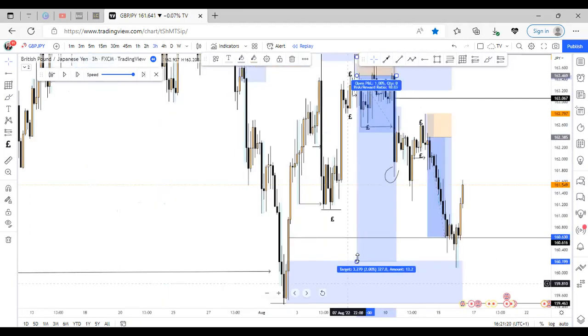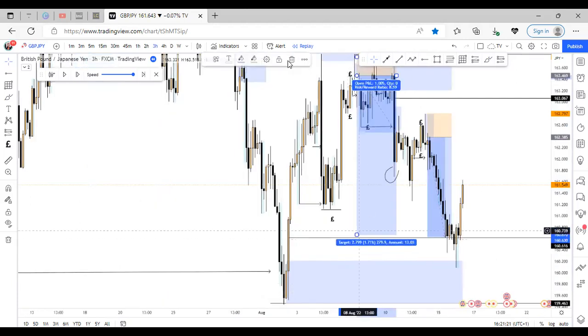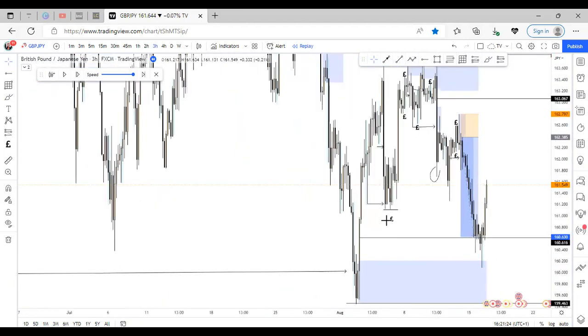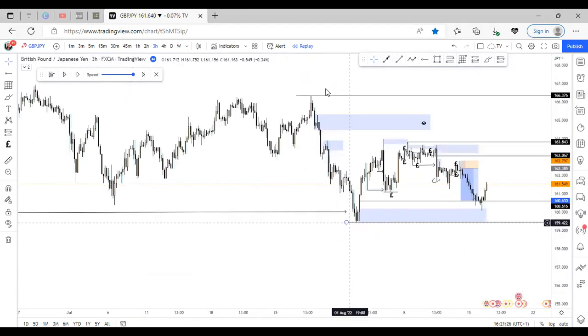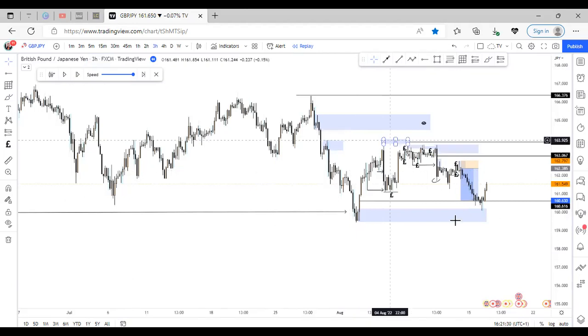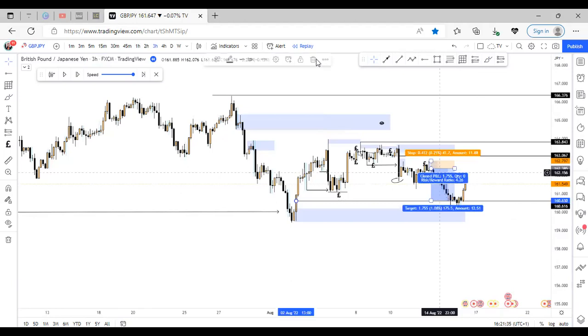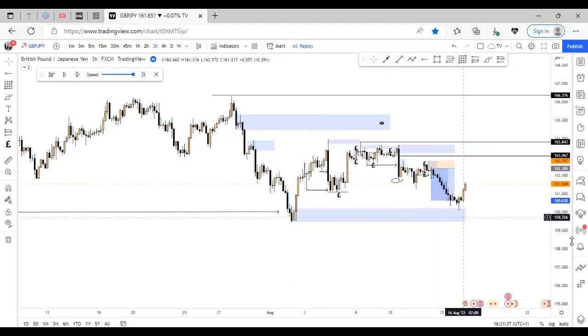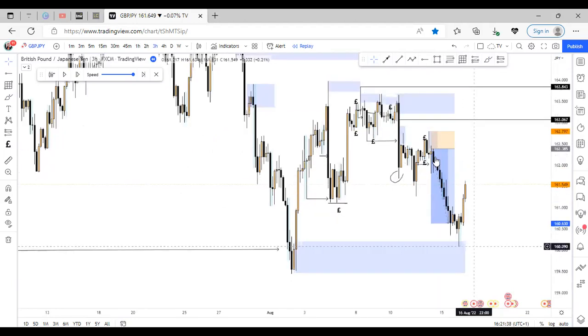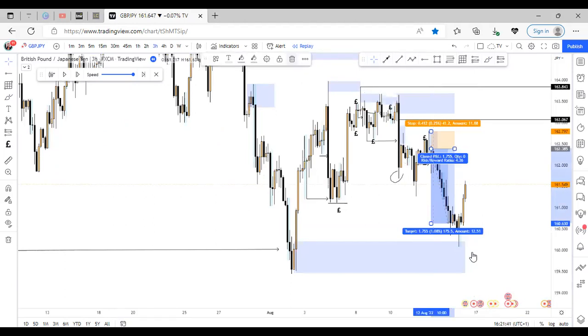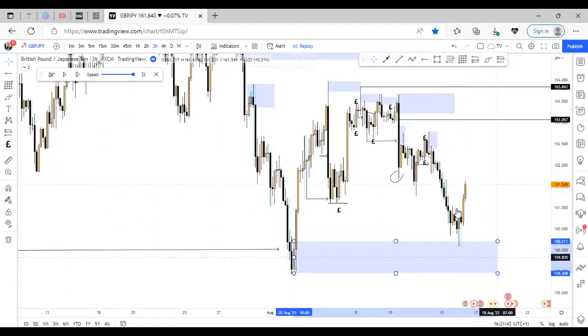Moving on, we can see that this zone is a demand zone that was left unmitigated when we had this whole push to the upside. Now that price has gotten into this zone, I actually did have this zone for a buy setup, but I was unable to catch the buy because price didn't mitigate my point of interest.